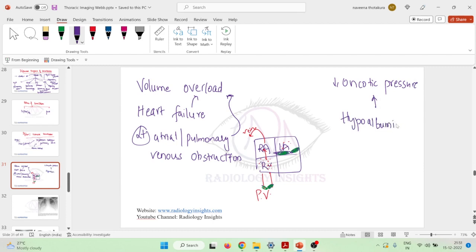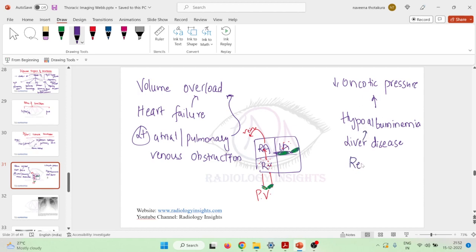As a result, the oncotic pressure decreases because oncotic pressure is mainly by proteins, and albumin is a protein. Whenever the patient presents with liver disease, obviously the liver produces albumin, so there is decreased albumin because of liver disease, which again causes decreased oncotic pressure.